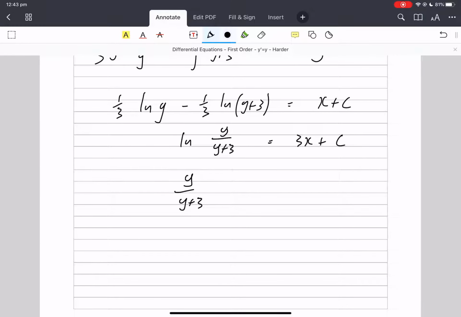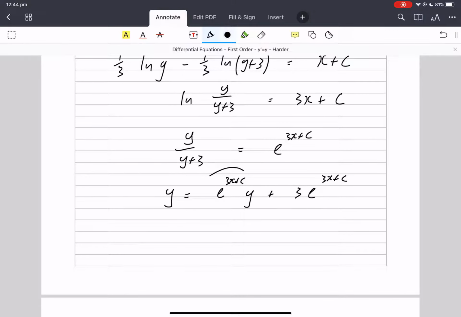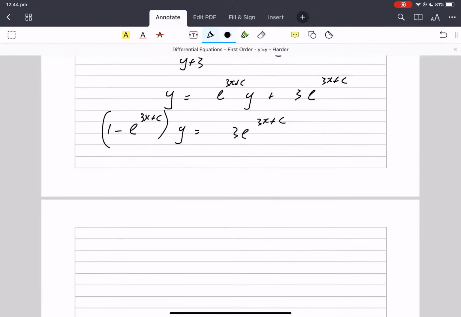But I'm going to leave that till the end, just to show you it doesn't matter when you find your c. Okay, so it's going to be, get that to the other side. And factorise out your y. We're slowly getting there.